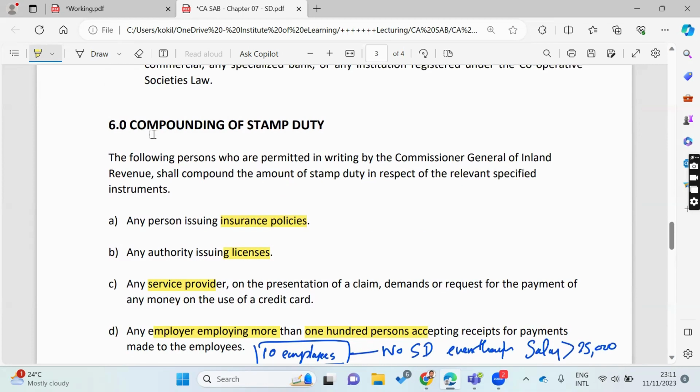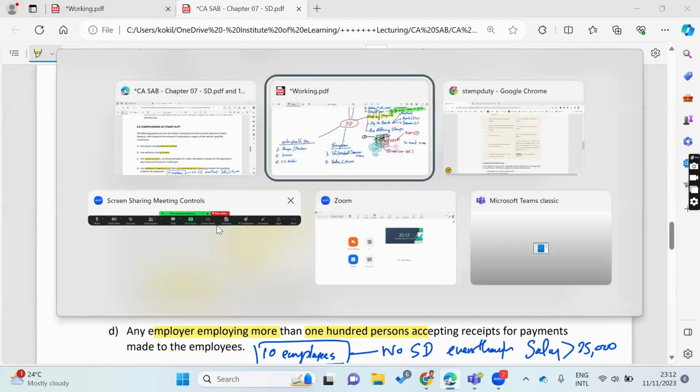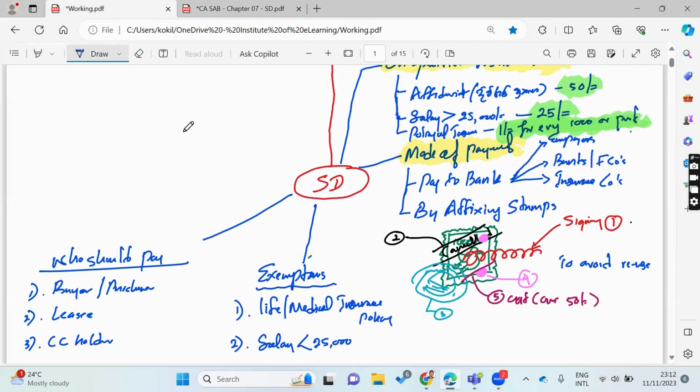When taking insurance or a lease, they will basically deduct it, and the company pays the IRD. Here also finally you will pay, but through a compounding agent. The one who issues the relevant instrument compounds it.